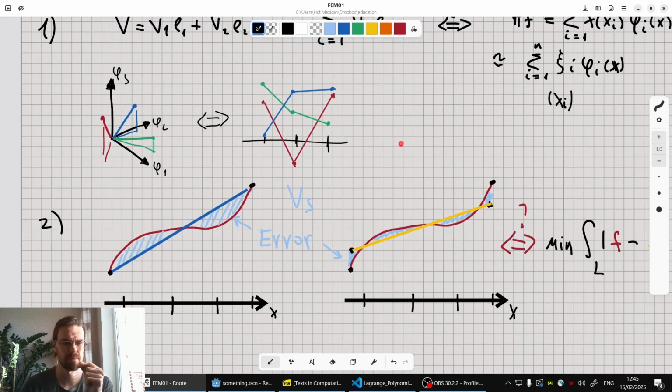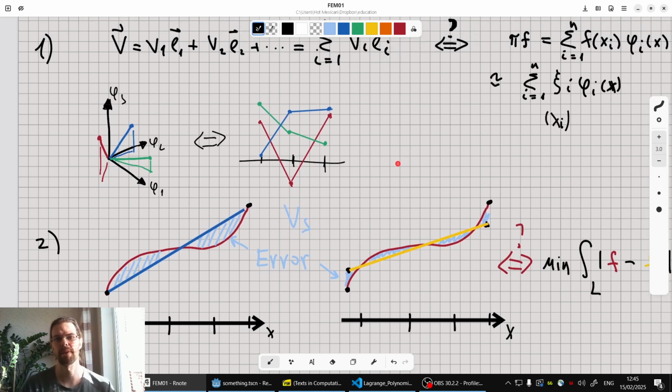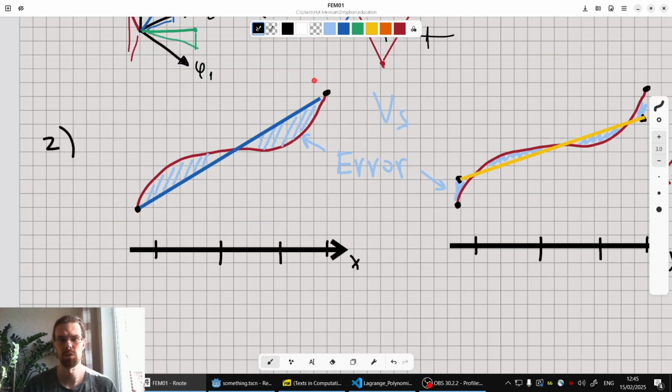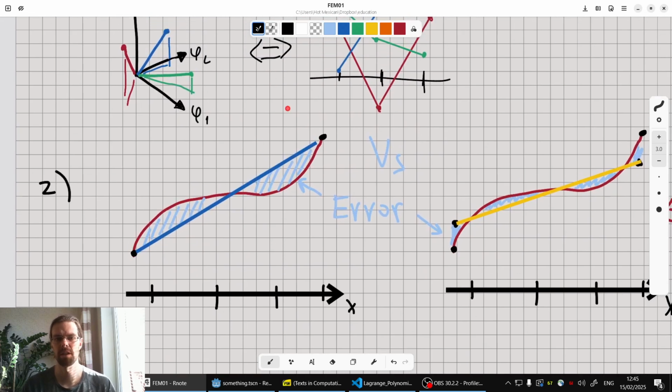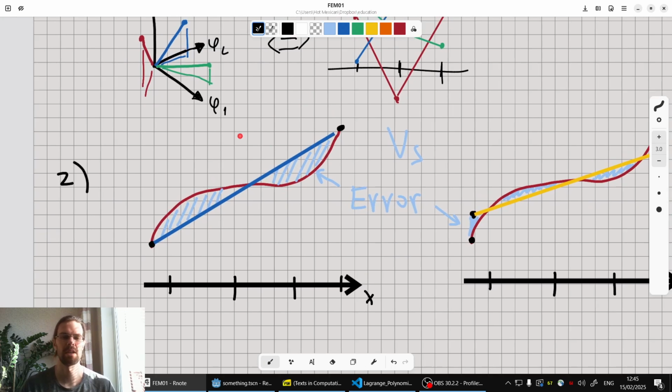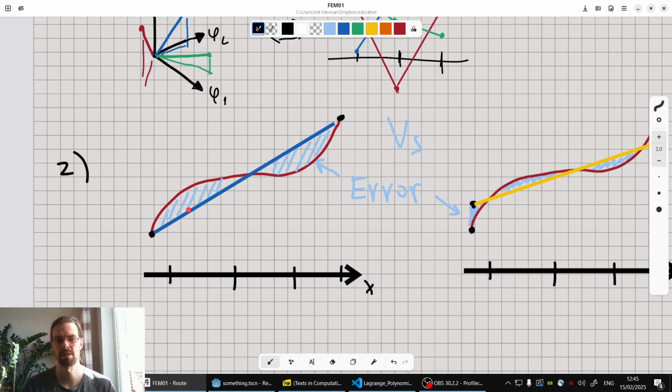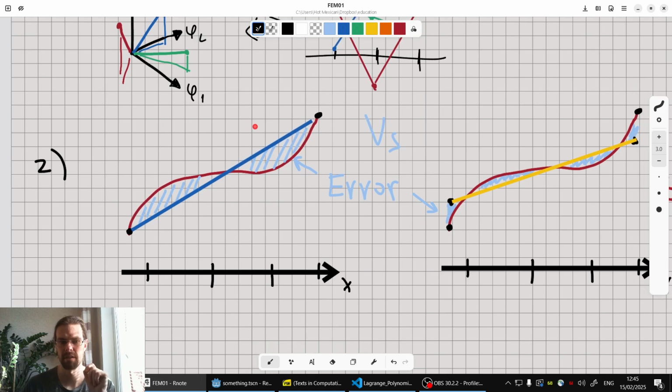Now, with linear interpolation, there's a bit of a problem. If this interval is huge and the function changes too much, is this the best approximation to this function? For example, if we consider here this case in the blue shaded region, it is an error.